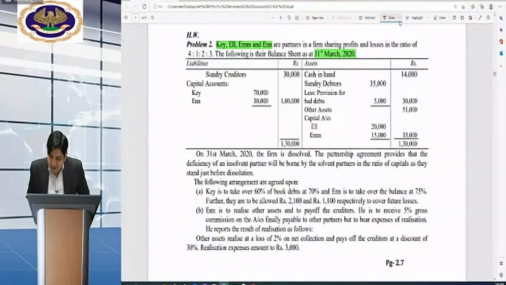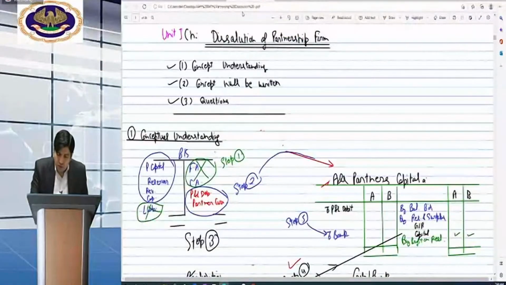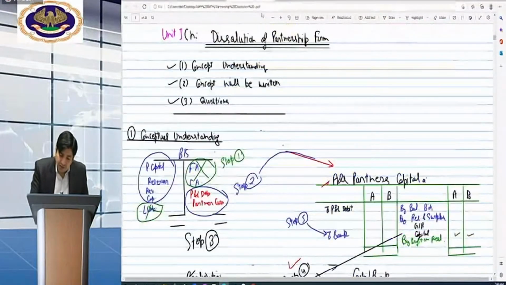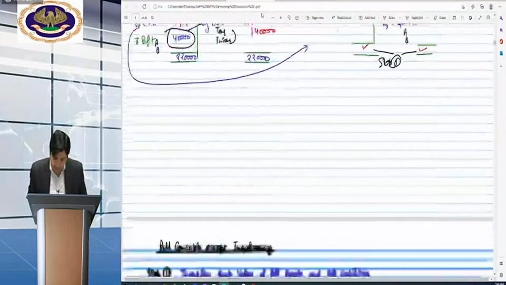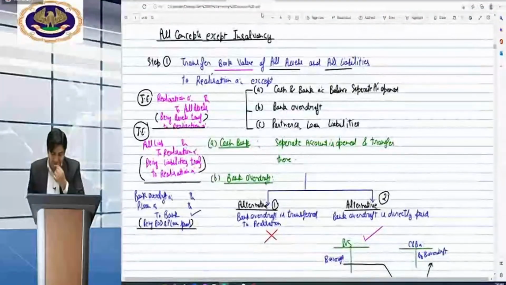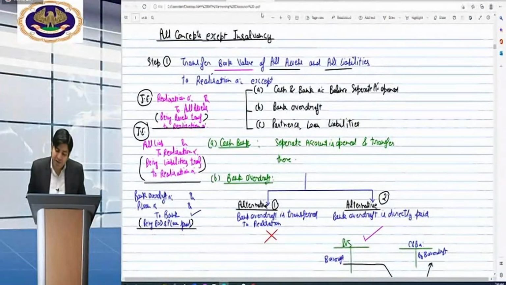Can you please tell what the steps are? Step number 1. Transfer all the assets except... Do you remember? Sir, show us again. Okay, beta. What were the steps? Step number 1. Transfer book values of all the assets and liabilities.